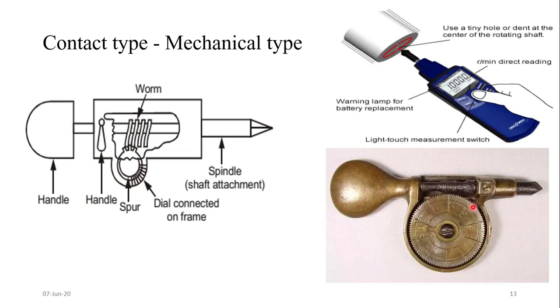But nowadays, digital tachometers are used in this case. You just push this button, push this and drop it onto the spinning or rotating shaft, then you can measure the RPMs directly here. Just read it now. Otherwise, you need to calculate it. Fine. In case of mechanical, it's an older one.